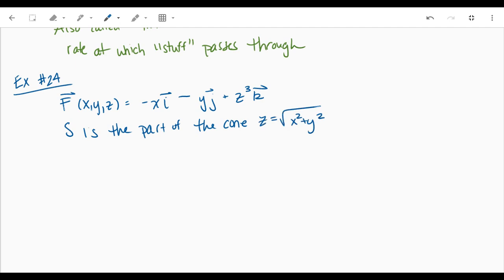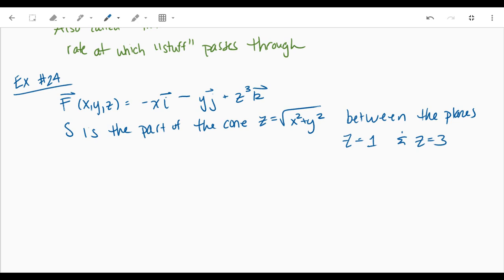That's just your classic cone, z equals r. However far up you are is also the distance you are from the origin, a 45-degree angle to the side of the cone, between the planes z equals 1 and z equals 3.